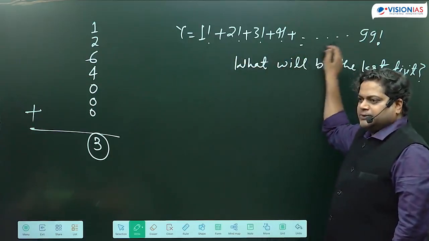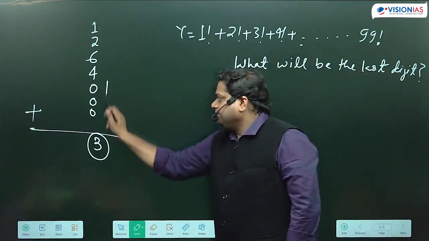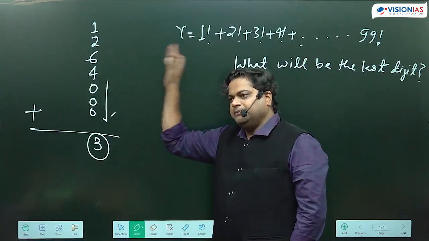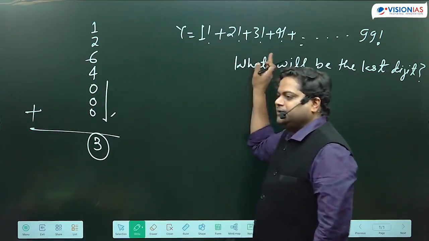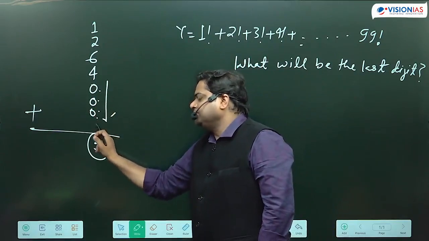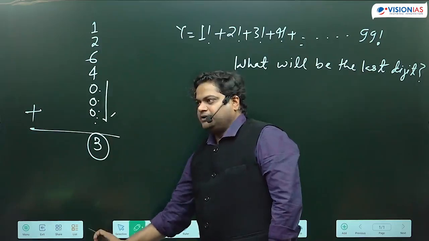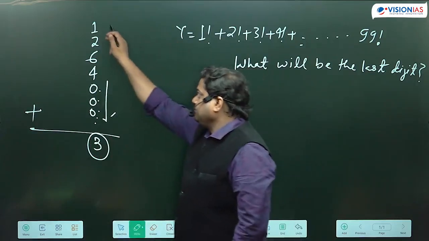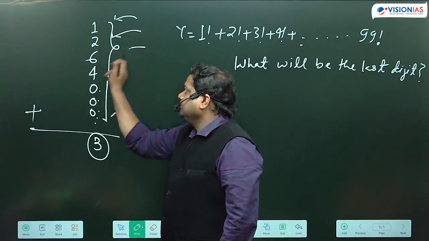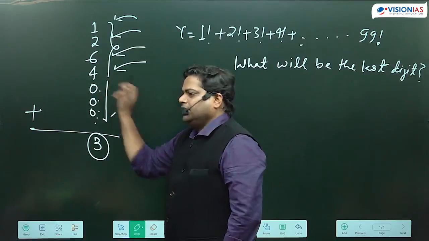We know कि 5 factorial and beyond unit place पे will get 0 क्योंकि 5 factorial में 5 and 2 का 1 pair and beyond every number का factorial में will get 5 and 2 का 1 pair. That means unit place पे will get 0 till 99 factorial. But unit place पे we are not getting 0 for 1 factorial, 2 factorial, 3 factorial and 4 factorial.